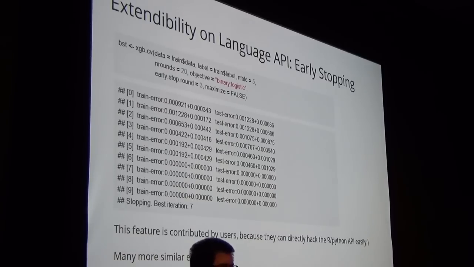And this is a feature actually contributed by a user of XGBoost. Why are they able to contribute this type of feature? One important reason is that the entire training loop of XGBoost is exposed in the native language, so you can write all those logics in Python or R, in the sense that you can use your own knowledge to hack into the model.